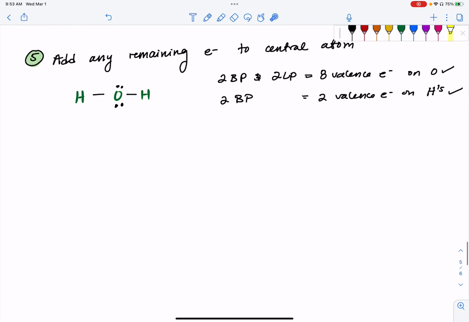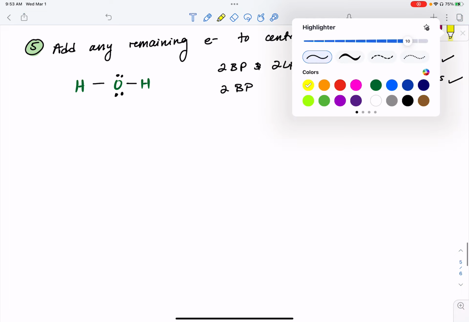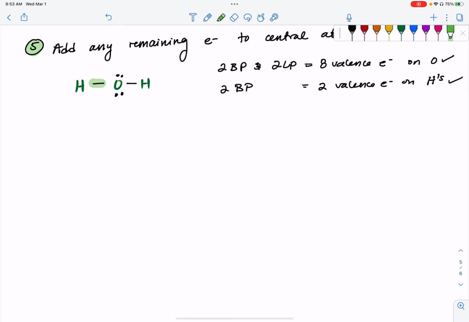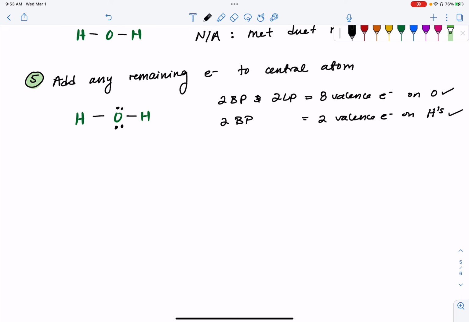So if I were to not scroll past the notes and actually go count, I would see that we've got 2, 4, 6, 8. So I've used up all of my 8 electrons, and I've satisfied everybody's octet. So this would be the Lewis dot structure for water, drawn like so. 2 bonding pairs, 2 lone pairs.